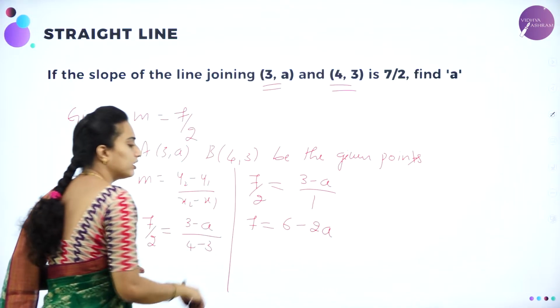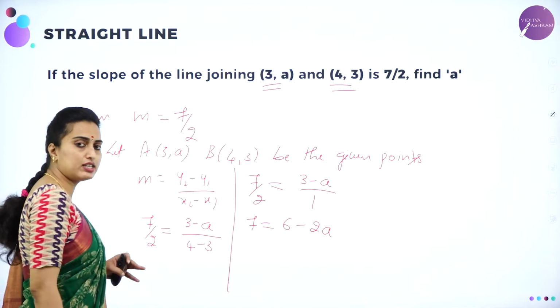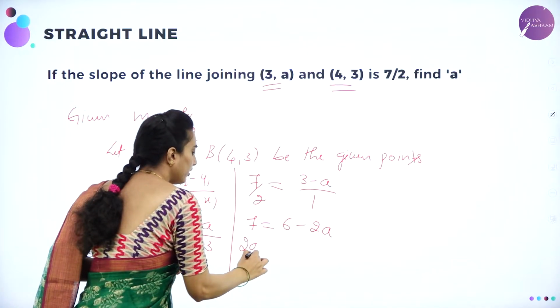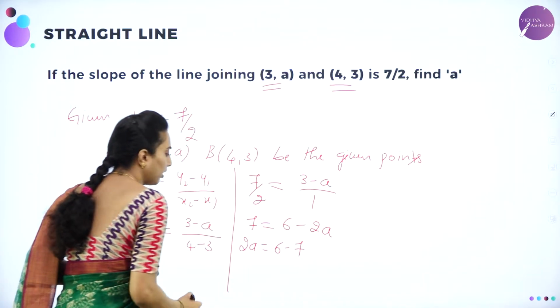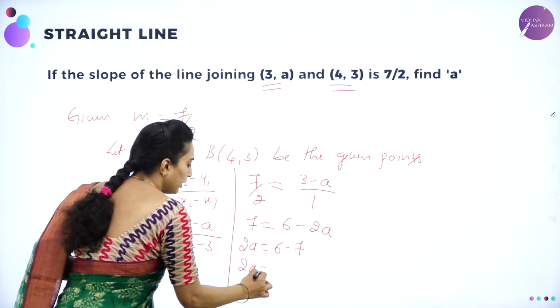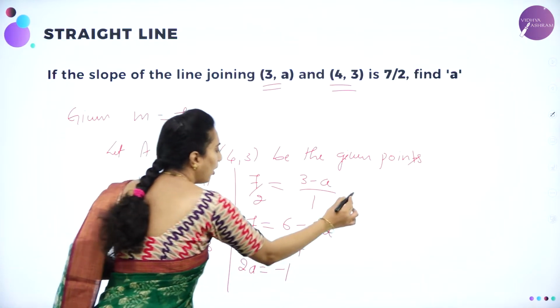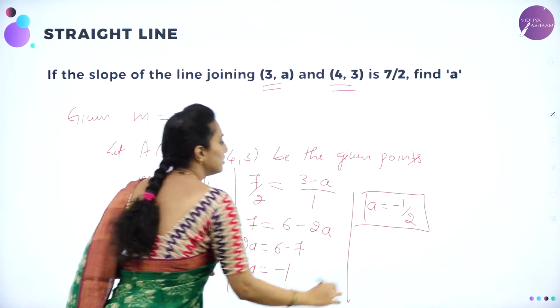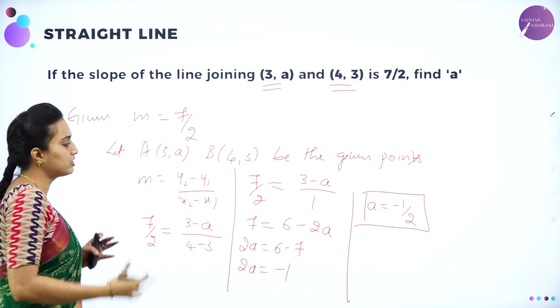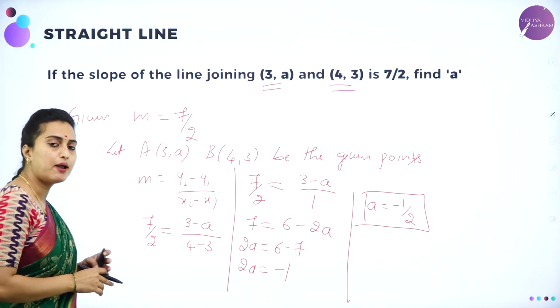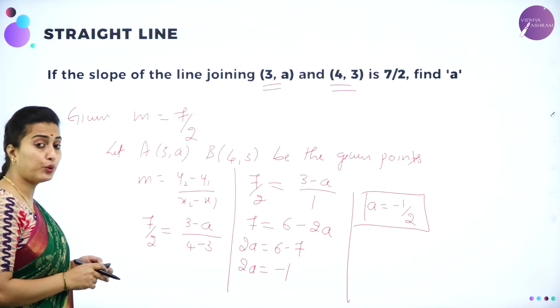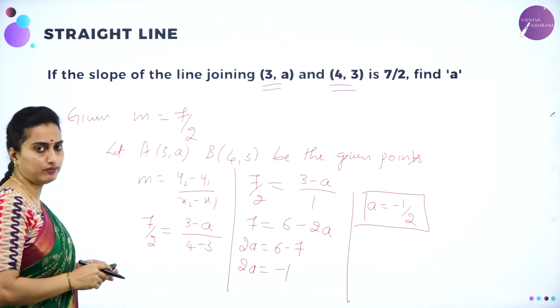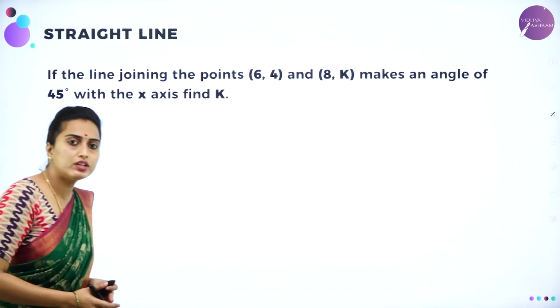Now taking minus 2a to this side and taking 7 to that side, 2a will be is equal to 6 minus 7, or 2a is equal to minus 1, or a will be is equal to minus 1 by 2. This is your answer. By the given condition, we have found out the value of a is minus 1 by 2. I hope you got this one, how to solve. Okay dears, we'll move on to the next question.